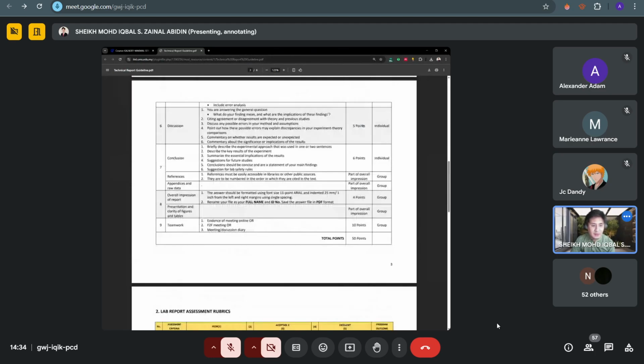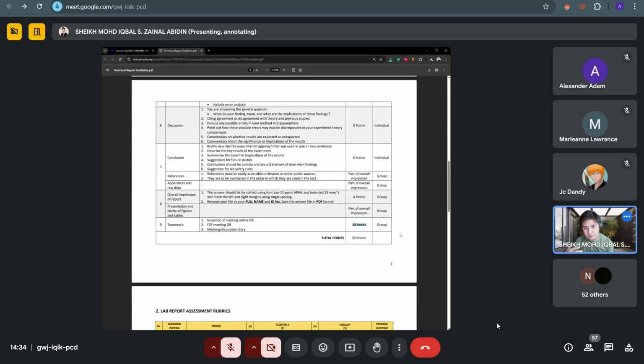So it's a big point, right? It's a big 10 points here just for teamwork. So if at the end of your lab report you're just putting one or two pictures and saying we met on this particular date to discuss this, you're not going to get the full 10 points. This is a very big 10 points for something that, for me, is considered a bonus mark.